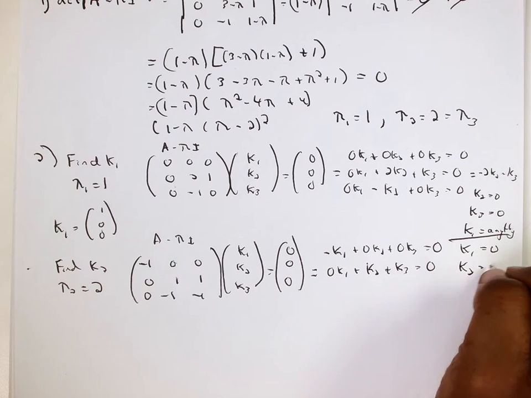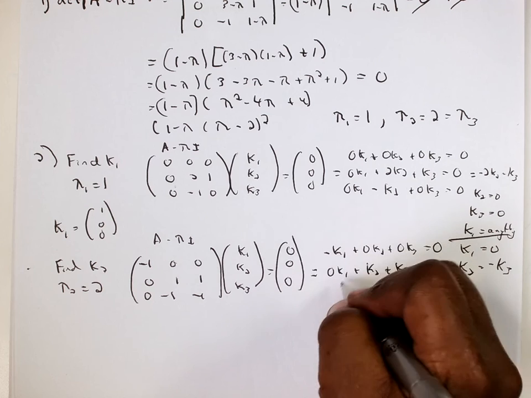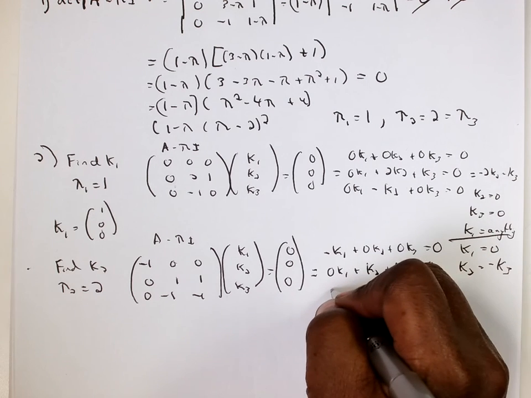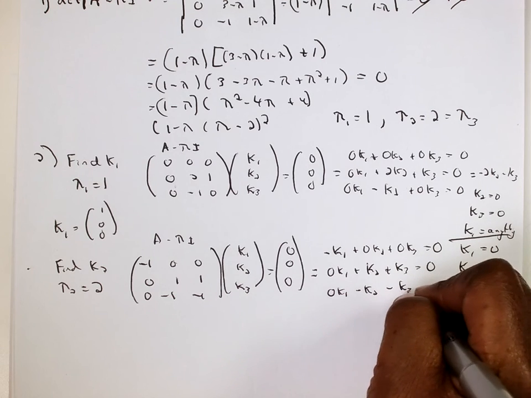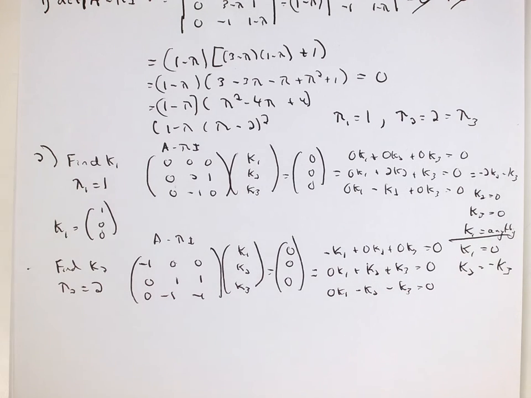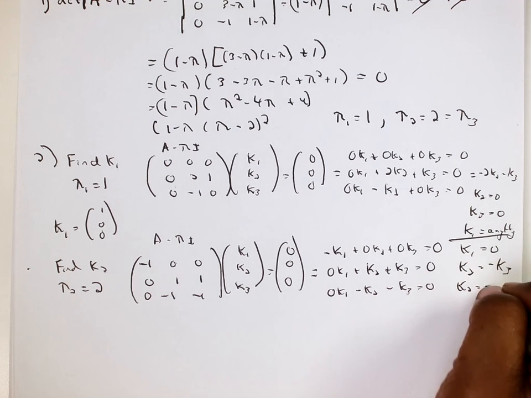So K2 is equal to a negative of K3. And then the last one, I get 0 K1 minus K2 minus K3 is equal to 0. So K2 is equal to a negative K3.